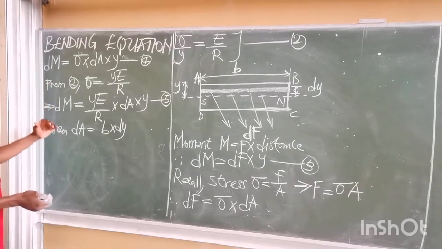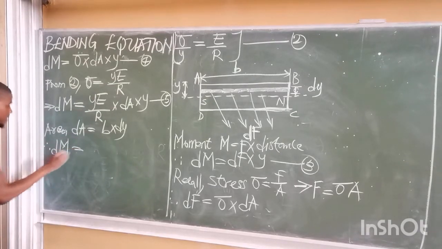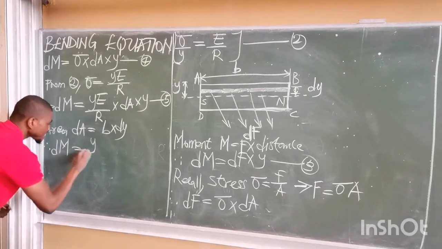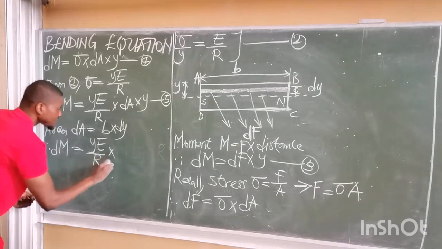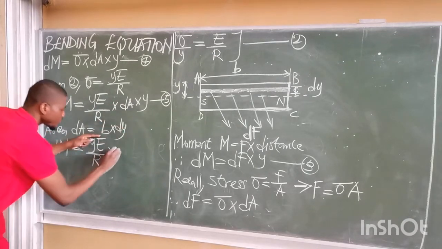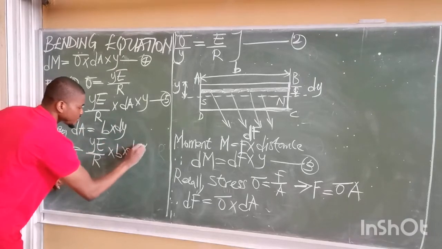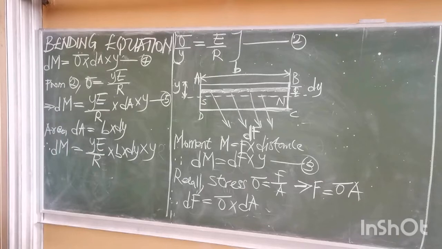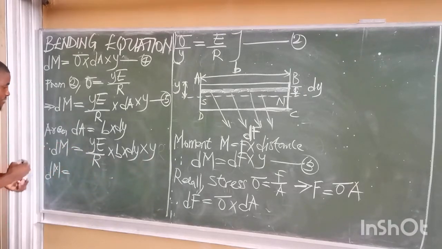Okay, so we substitute this area into this equation. That gives us that the small intensity of moment, the M, is equal to y times Young's modulus all over R, multiplied by, in place of the A, b times dy, multiplied by y. From here, I have y here and y here, and they are multiplying, so let's bring them together.